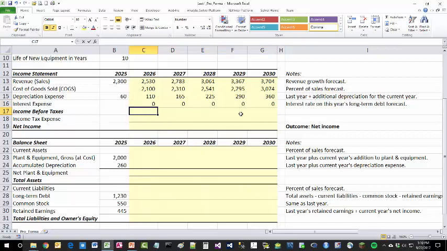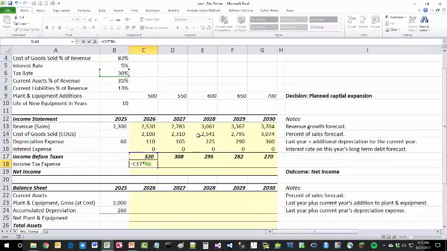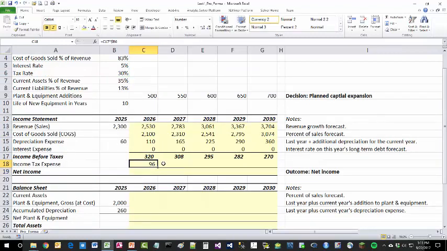Okay, after calculating the income before tax as revenues minus all the expenses, from cost of goods sold, depreciation to interest, we calculate the projected tax based on income before tax and the tax rate, and finish the income statement with the net income calculation as income before tax minus the tax.